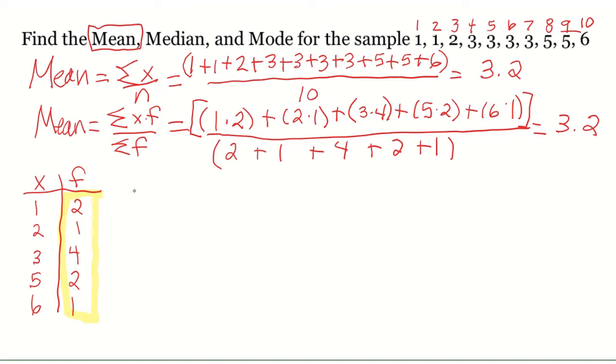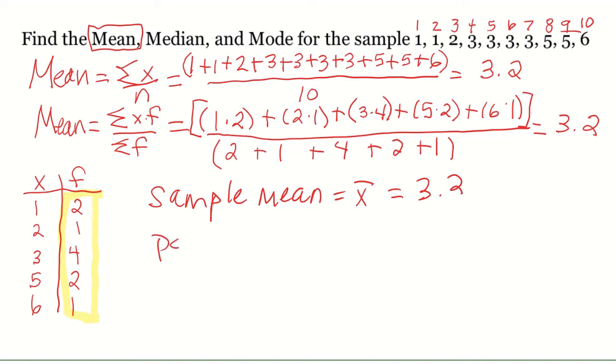The mean, if you have a sample mean, the notation is going to be X bar. And if you have a population mean, the notation is going to be the Greek letter mu.